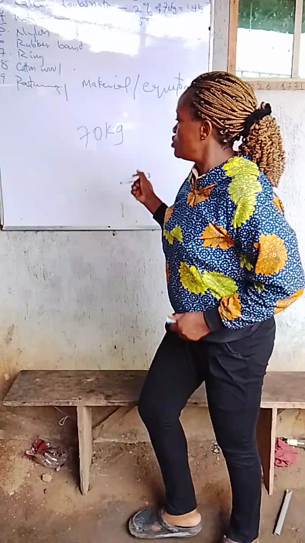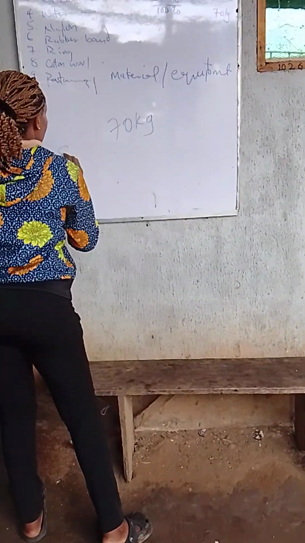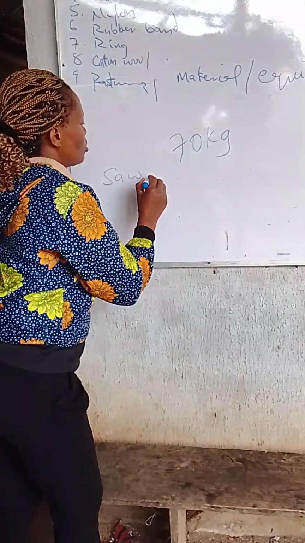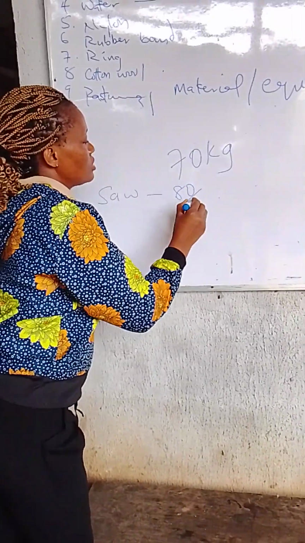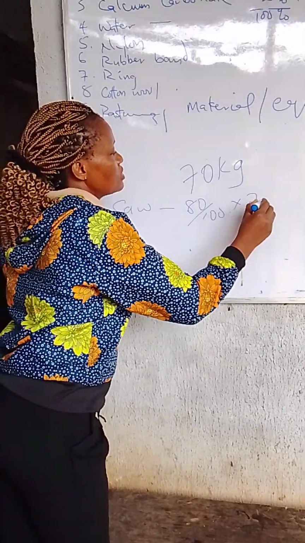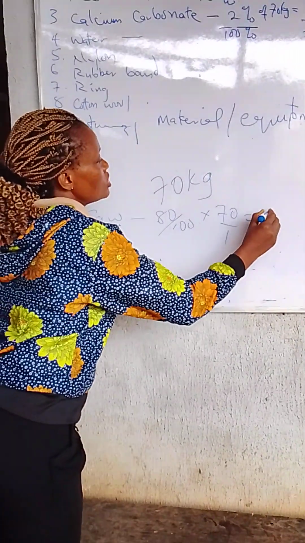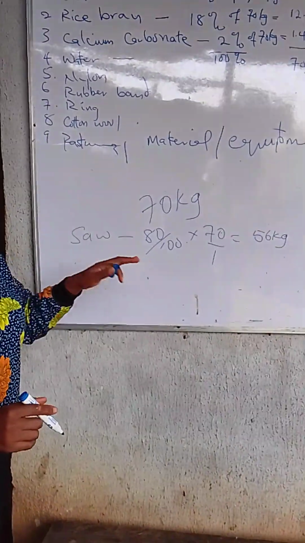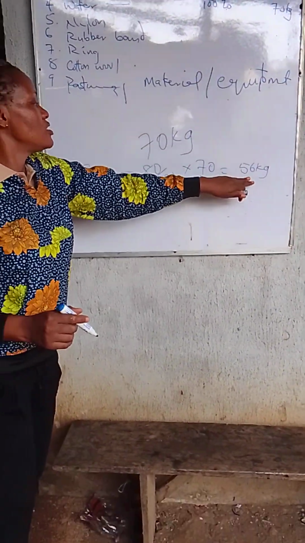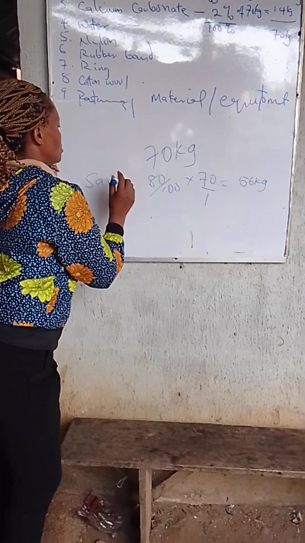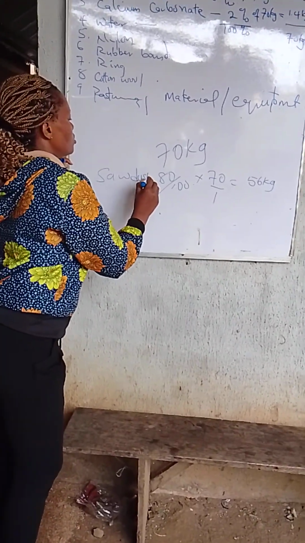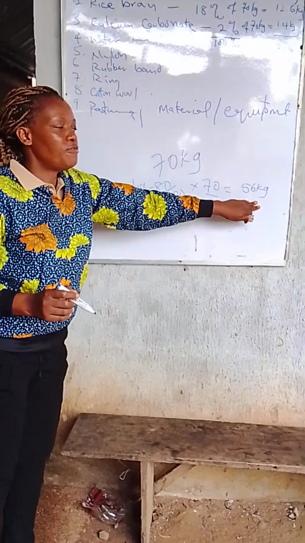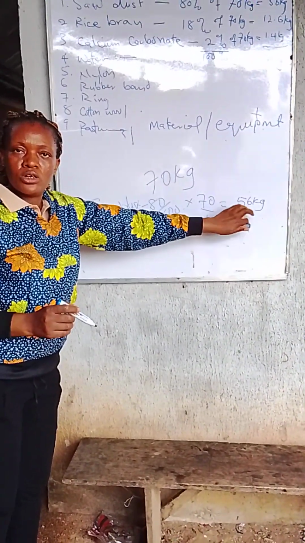So you go and do a little calculation. You are going to find 80% of 70 kg. If you do it, you will get 56 kg. That means when you bring your scale, you are going to weigh 56 kg of sawdust.